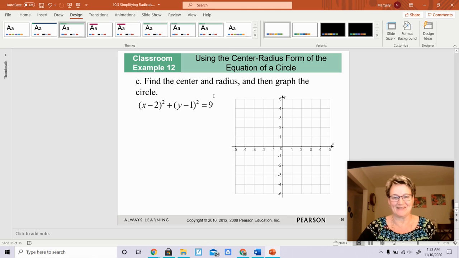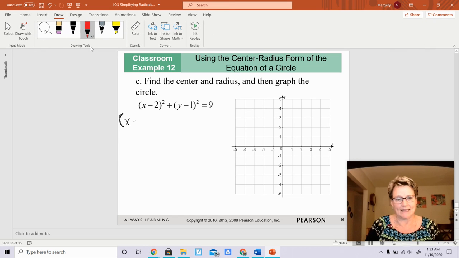Let's do the next one before I run out of time. I only have one more left. So again, my formula is (x minus h) squared plus (y minus k) squared equals r squared.